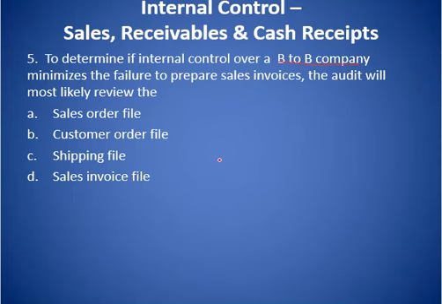Minimizes a failure to prepare sales invoices. In other words, we're not preparing sales invoices based upon items that have been sent to the customer. So the question is, which of the 4 items would we most likely review? So again, stop the video, make your choice, and when you're ready, restart your video.